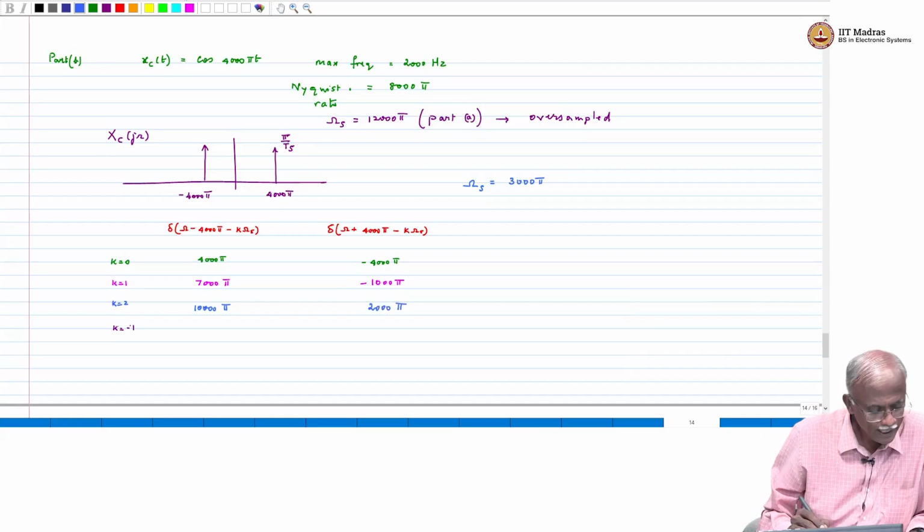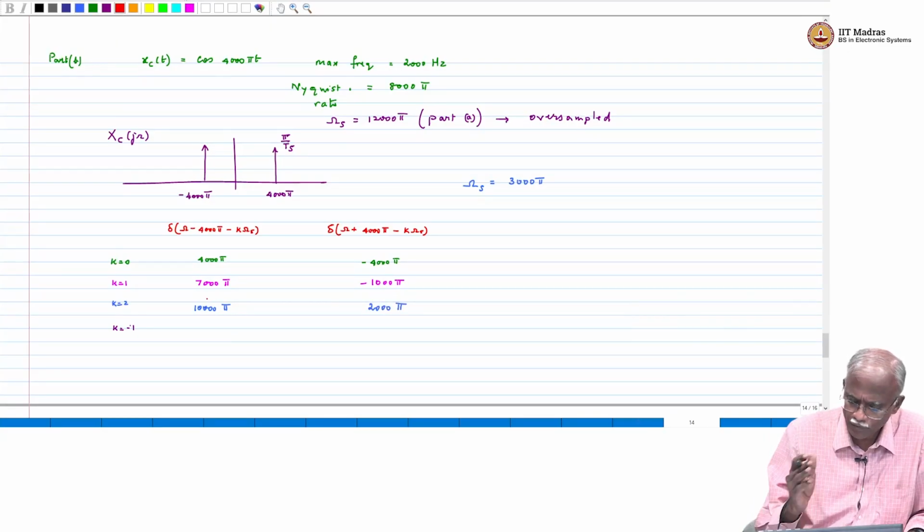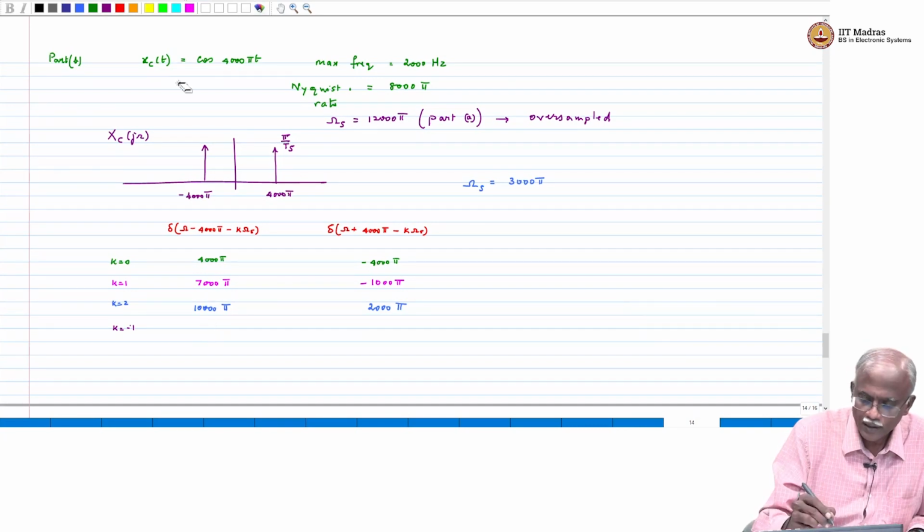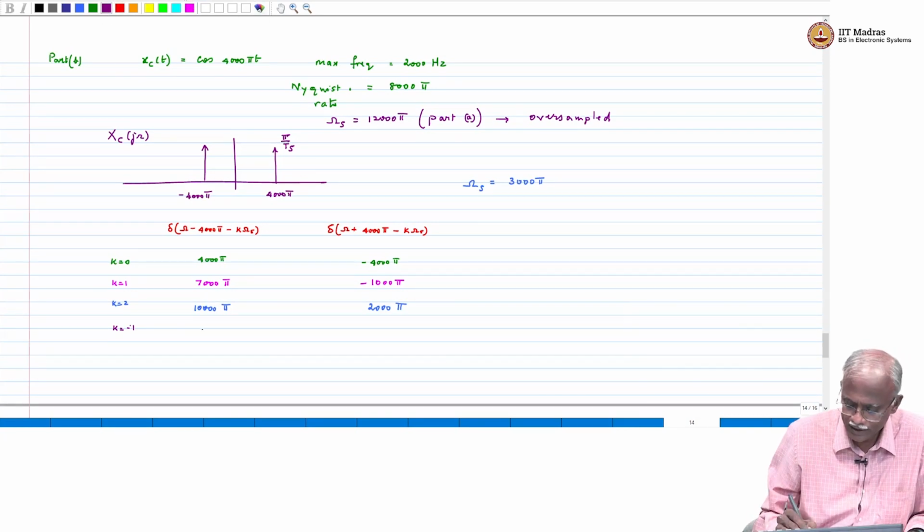Now k equal to minus 1. It is centered at minus 3000, so minus 3000 plus 4000 pi will be 1000 pi, and this will be at minus 7000 pi. Just do exactly what we did last time, and then we will do the interpretation.